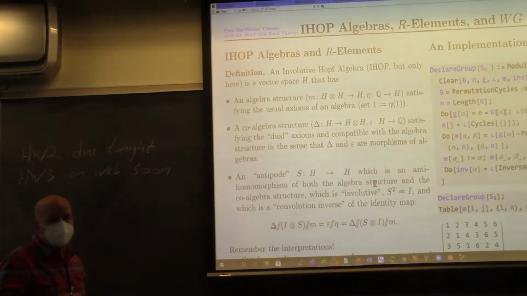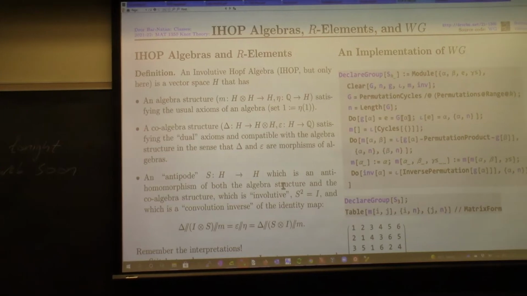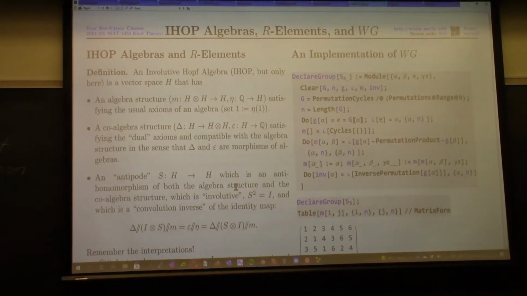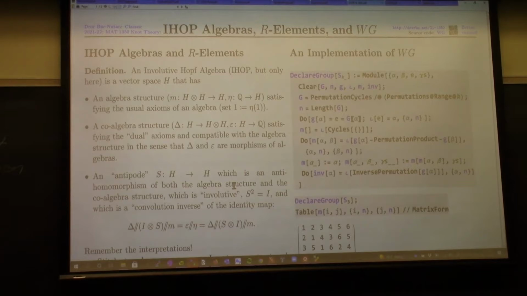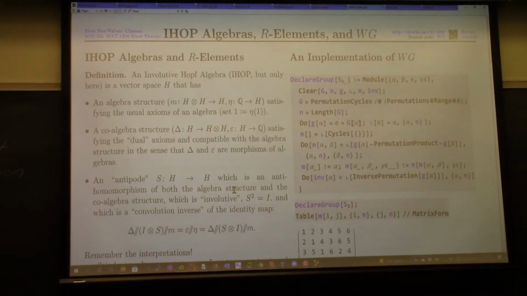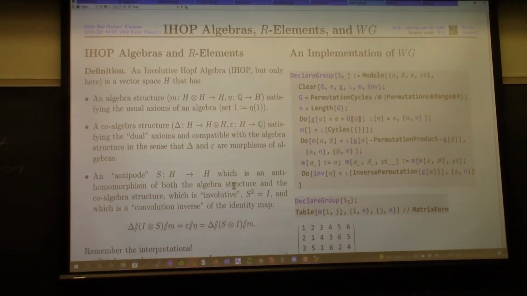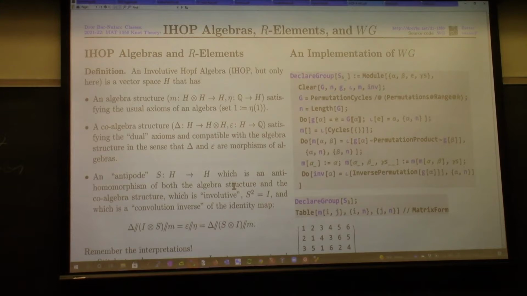Second, I want to continue the discussion that we started last class on so-called involutive Hopf algebras, which only in this class I will call IHOP algebras, and about R elements inside them, and about WG.